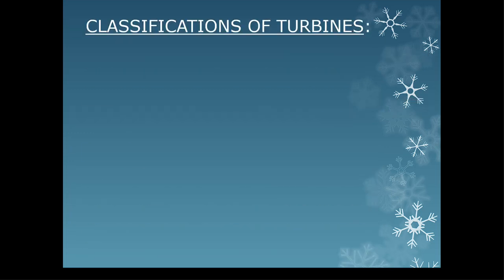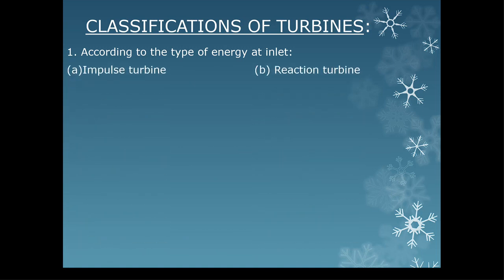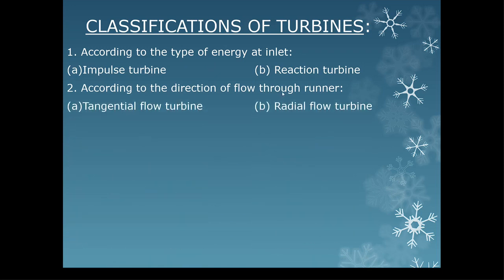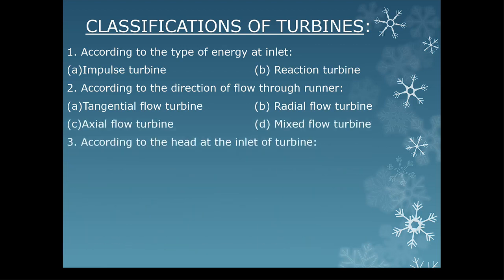Next we will see the classification of turbines. According to the energy at the inlet, we have impulse and reaction turbines. According to the direction of flow through the runner, we have tangential flow, radial flow, axial flow, and mixed flow turbines.